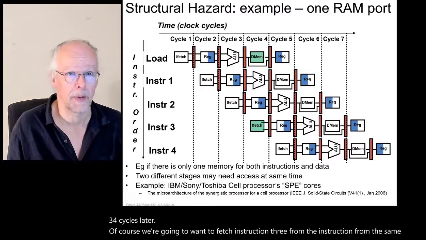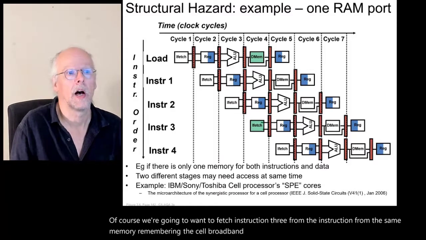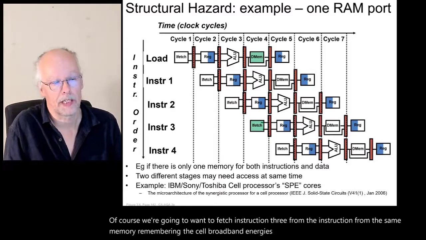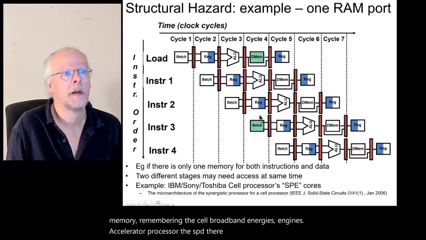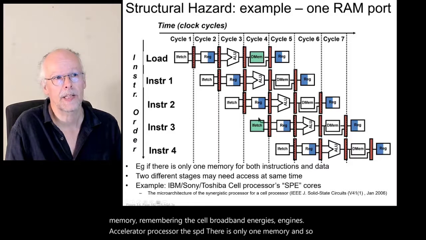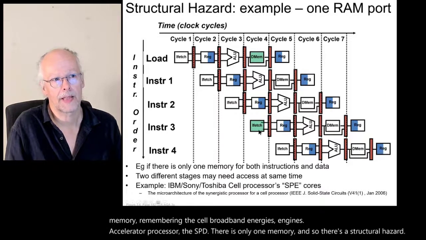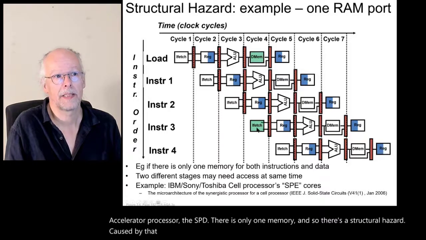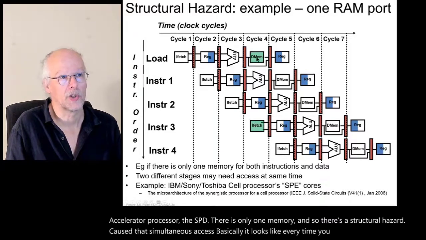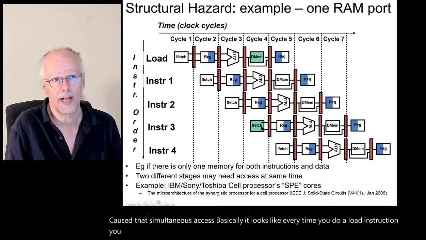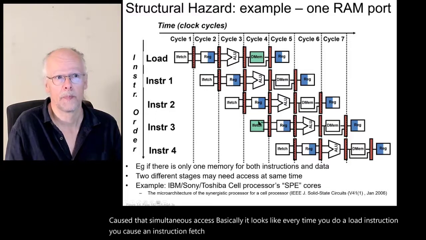Remember, in the cell broadband engine's accelerator processor, the SPE, there is only one memory, and so there's a structural hazard caused by that simultaneous access. Basically, it looks like every time you do a load instruction, you cause an instruction fetch to stall.